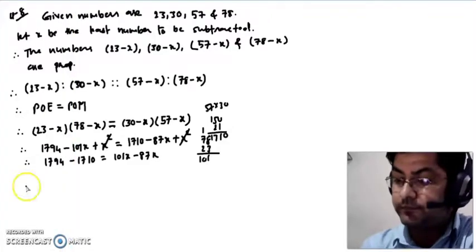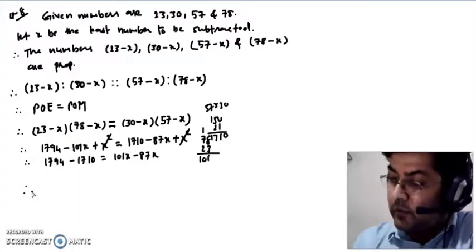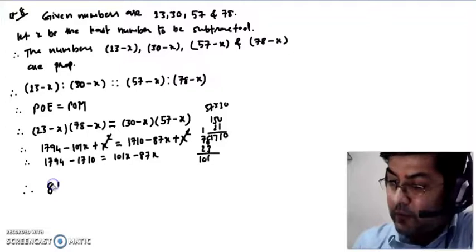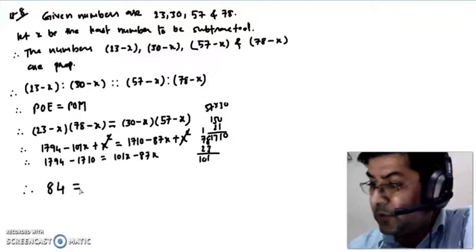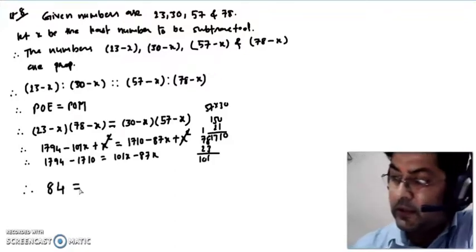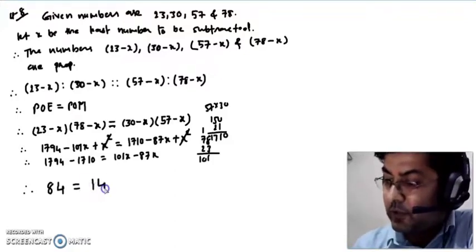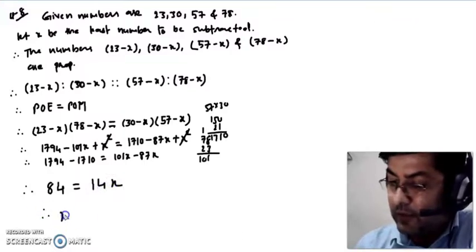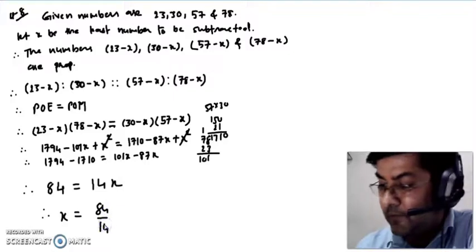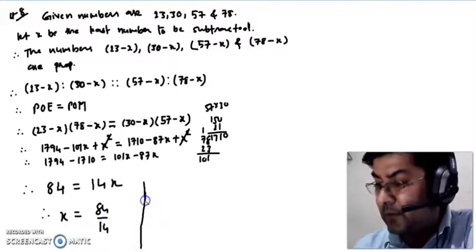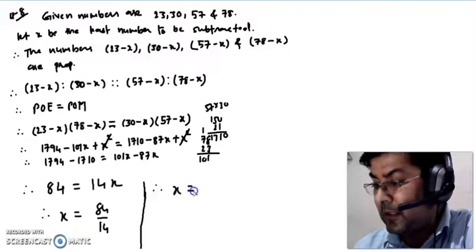Now we will simplify. Therefore 84 is equal to 14x, and therefore x is equal to 84 by 14. Therefore x is equal to 6.